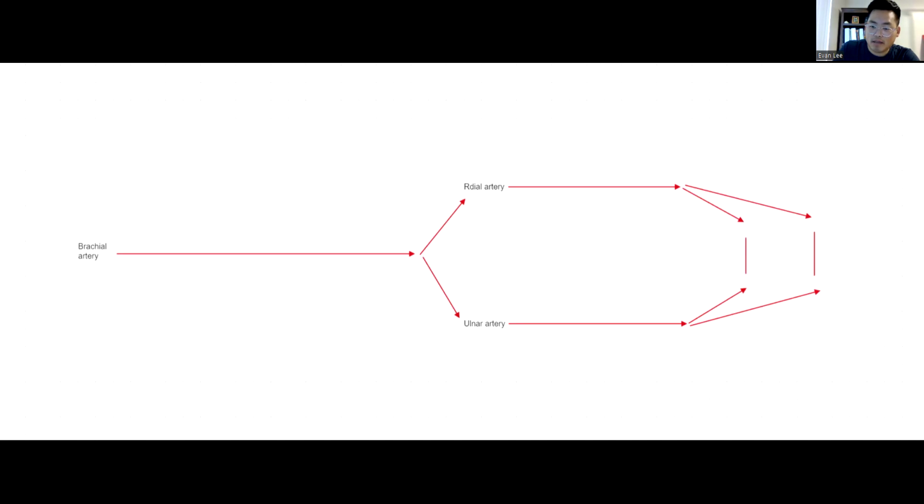So, radial artery has a deep branch. So does the ulnar side. And in a similar manner, it also has a superficial ulnar, oh, I ran out of space, branch.